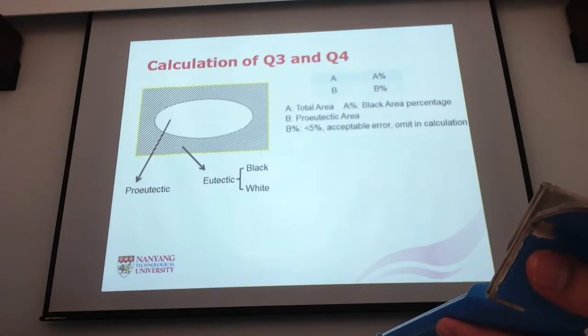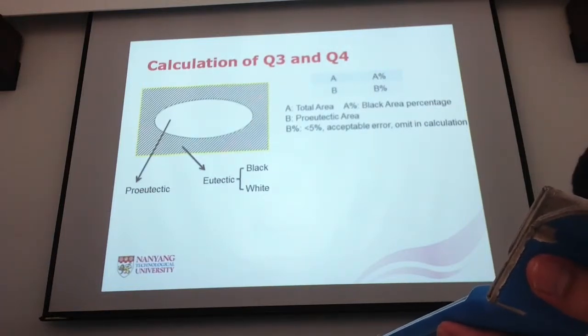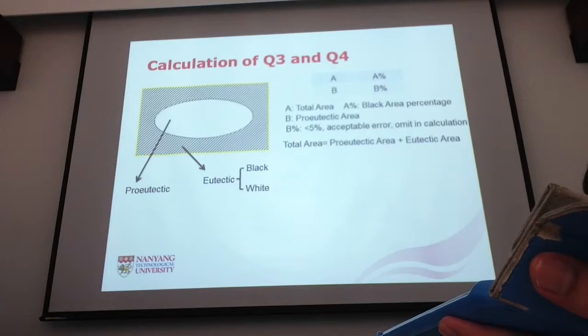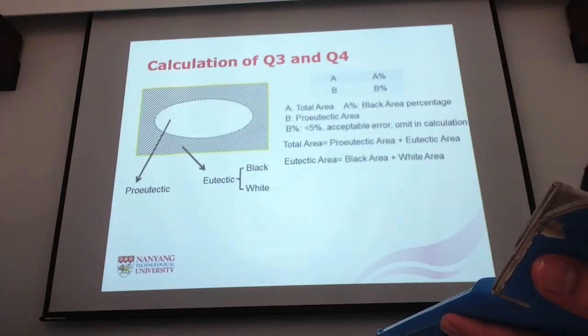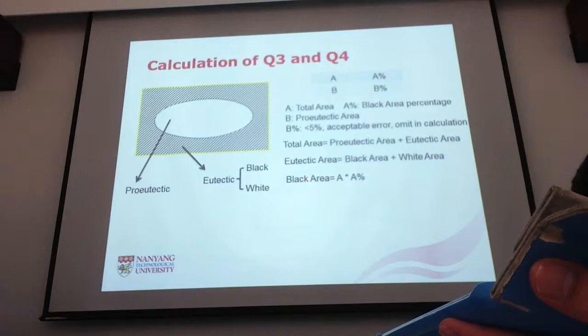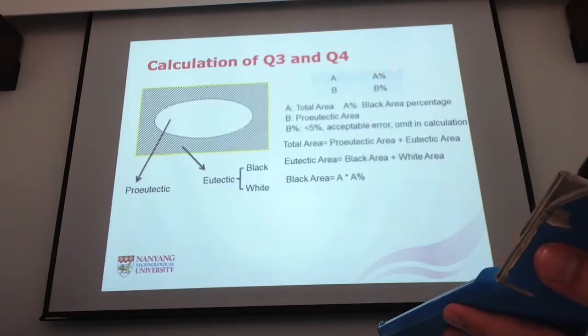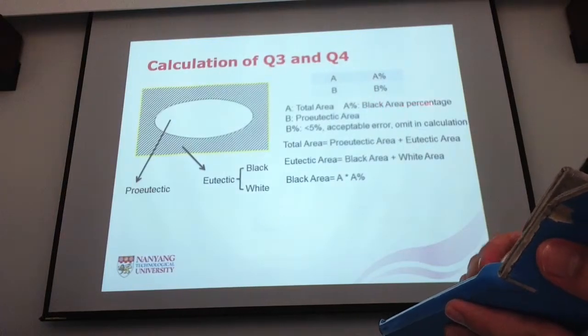So the total area is equal to the proeutectic area plus the eutectic area. This means the total area is the white one plus the lamellar one. So the eutectic area is the black one plus the white one. The black area means in the whole area, the percentage A is the black area percentage.